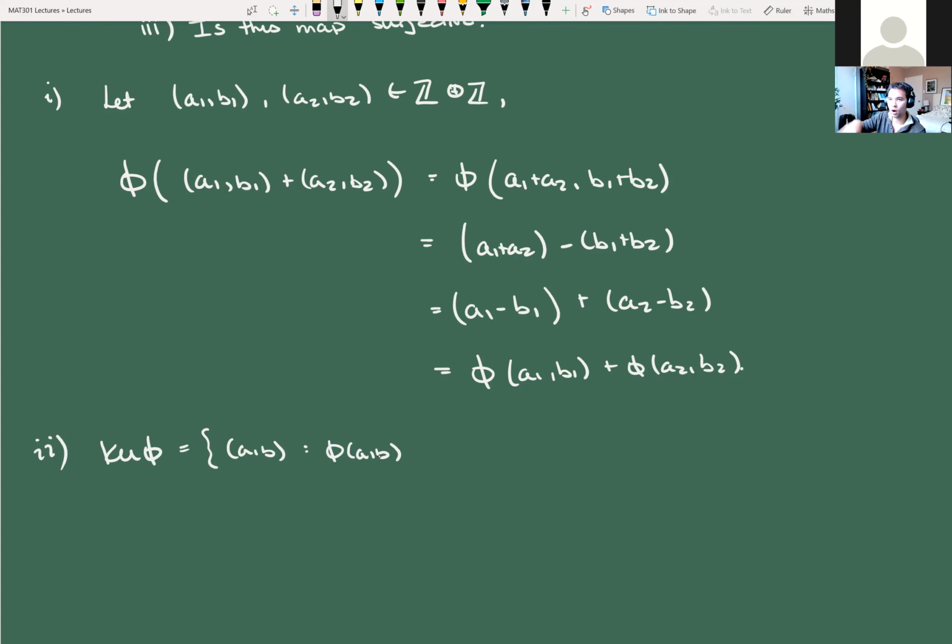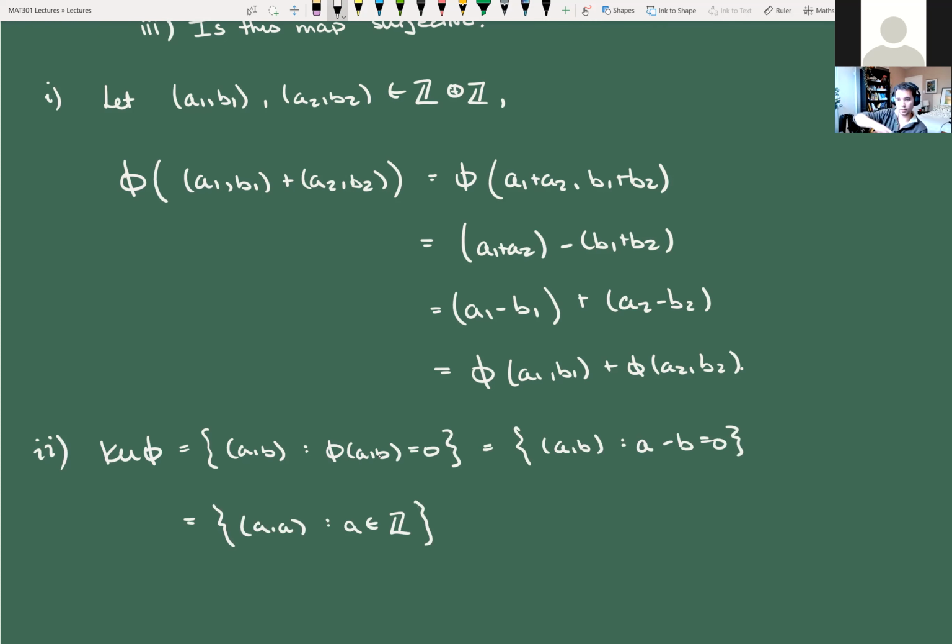So if you draw R cross R, and I ask you to graph x comma x for all x, what do you get? What you get is called the diagonal.